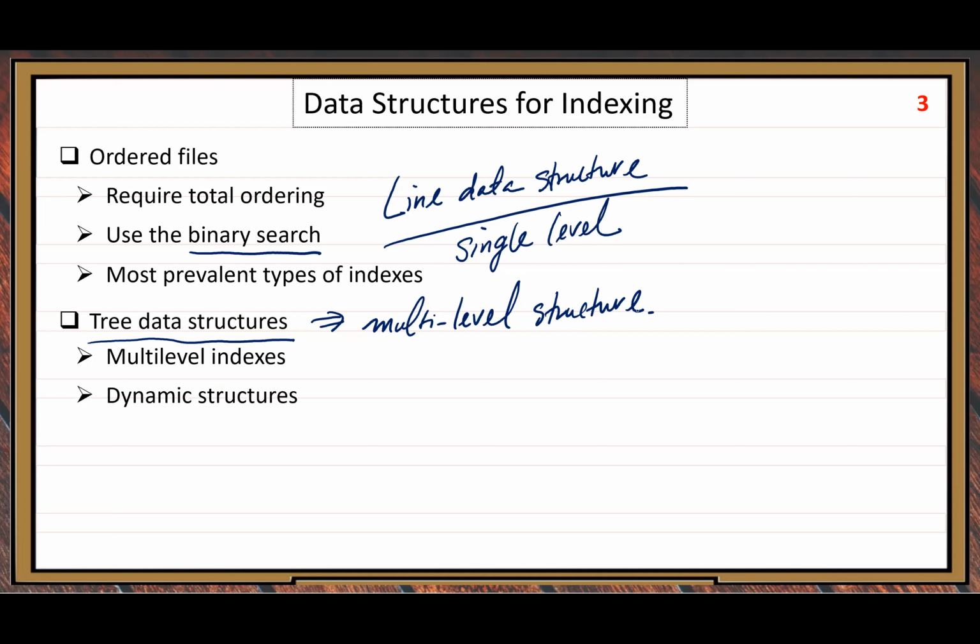All right. Dynamic structure, another property. What is a dynamic structure? We know our data keeps changing. Data comes in, you keep adding new data items, but sometimes you delete data.